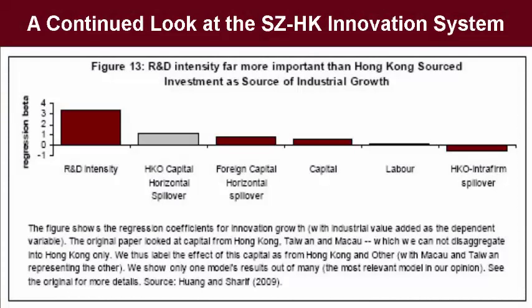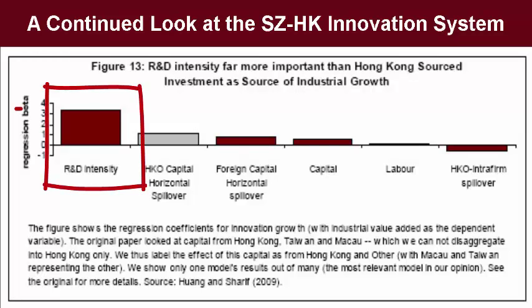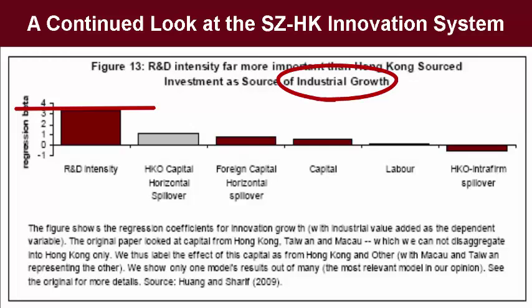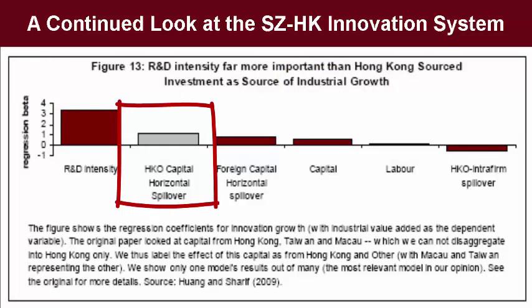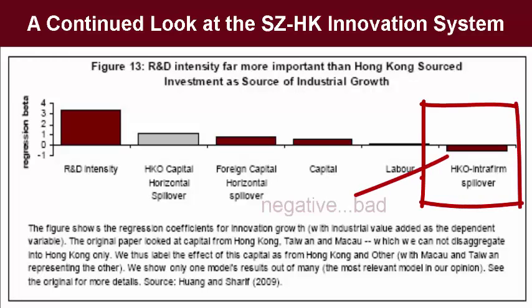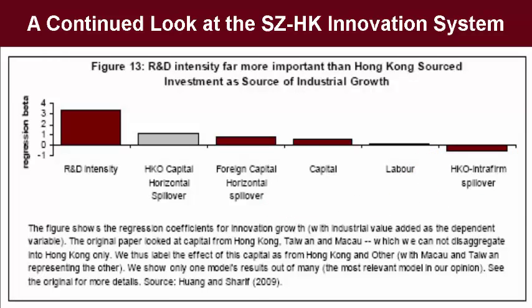Huang and Sharif, for their study, show that R&D intensity does indeed have a significant impact on industrial growth, that horizontal spillovers of capital from Hong Kong do indeed affect such industrial growth in Shenzhen, as do spillovers of other types of foreign capital, yet cooperation with Hong Kong companies does not appear to influence industrial growth, except perhaps to reduce such growth.